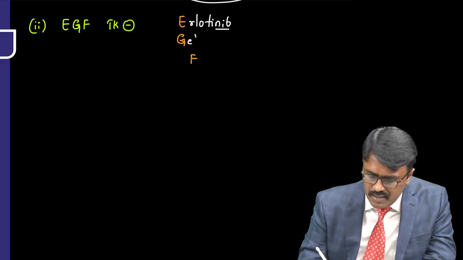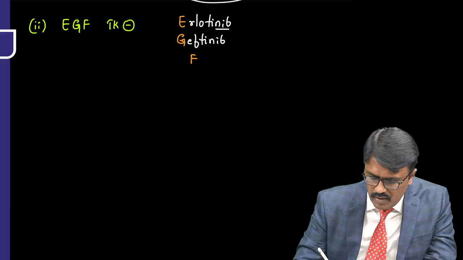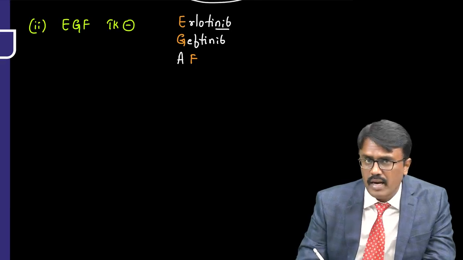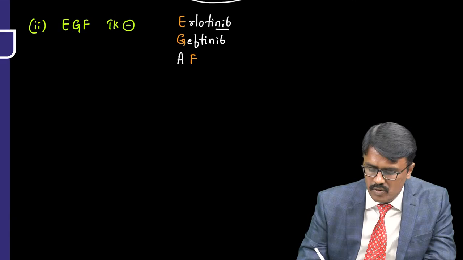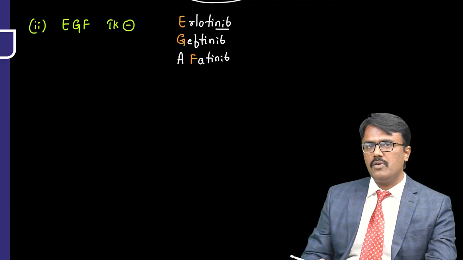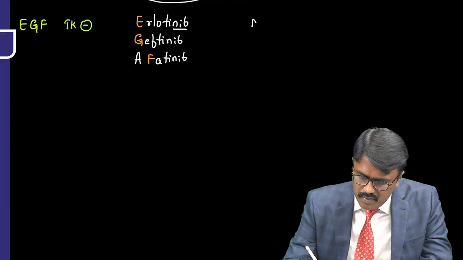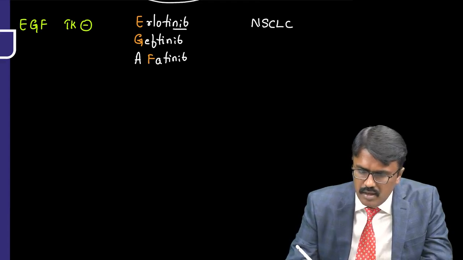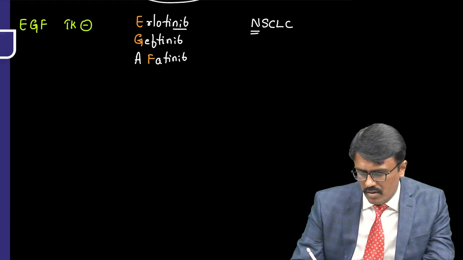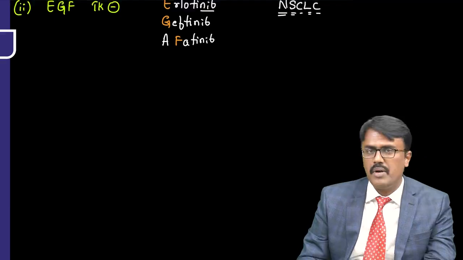Then we have gefitinib. Now since you have written already F, so add A for that, it is called afatinib. So these are epidermal growth factor tyrosine kinase inhibitors, and all are used in non-small cell lung cancer. So that is epidermal growth factor.